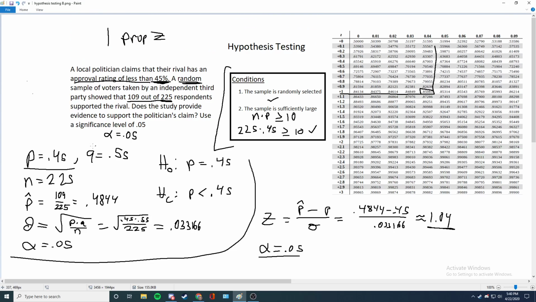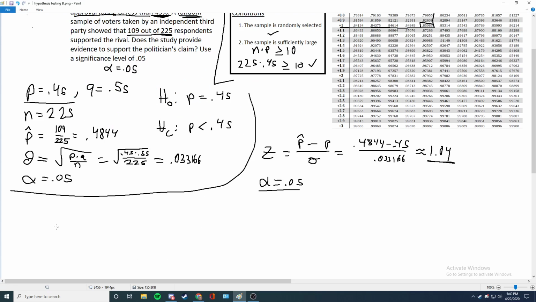Remember, since we're dealing with a claim that's less than 0.45, our area of rejection is going to be on the left side too. So we don't actually have to edit this number that we get from the table at all, because that gives us the area to the left of our z.